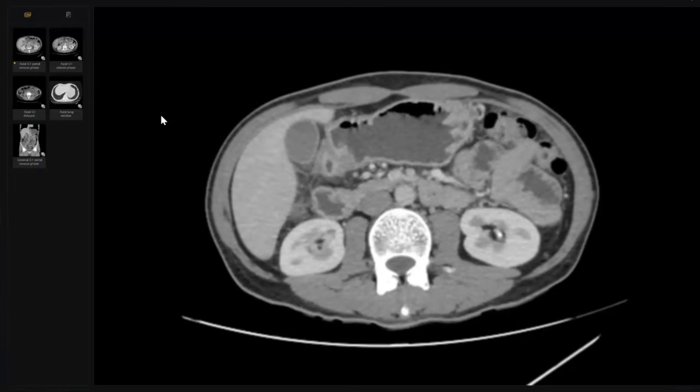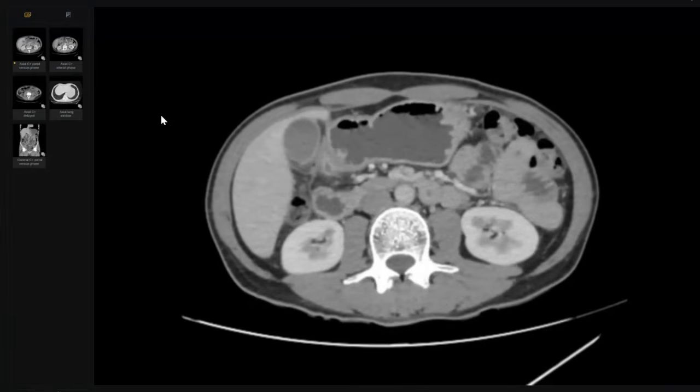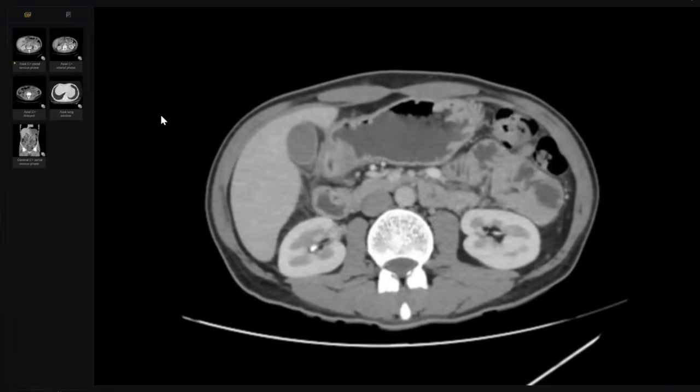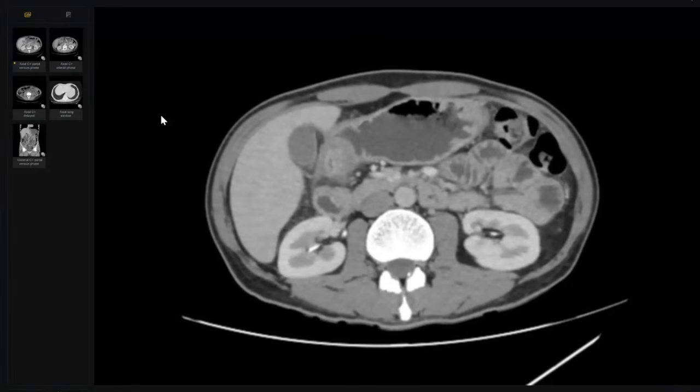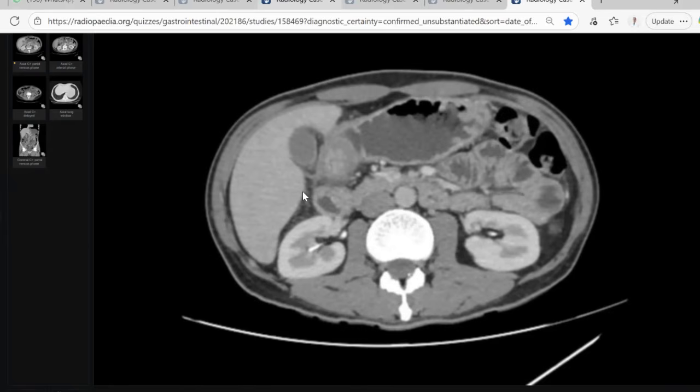So my first impression is duodenal rupture, a perforated duodenal ulcer with free air. Okay. I would like to check at the esophageal region also.